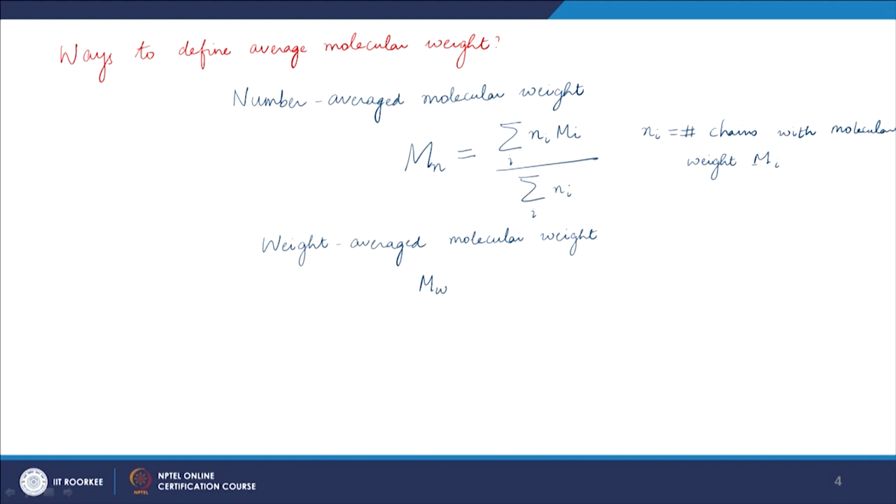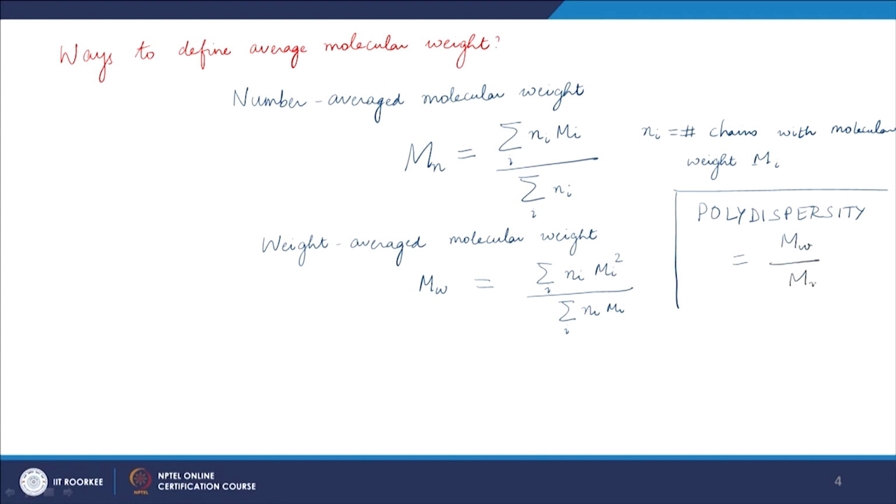Then there is something called a weight averaged molecular weight, MW, that is defined as something like the sum of Ni Mi square divided by the sum of Ni Mi, where the sum is over all values of i. Okay. And using these two, we can define what is known as polydispersity as a ratio of the weight average molecular weight and the number average molecular weight.